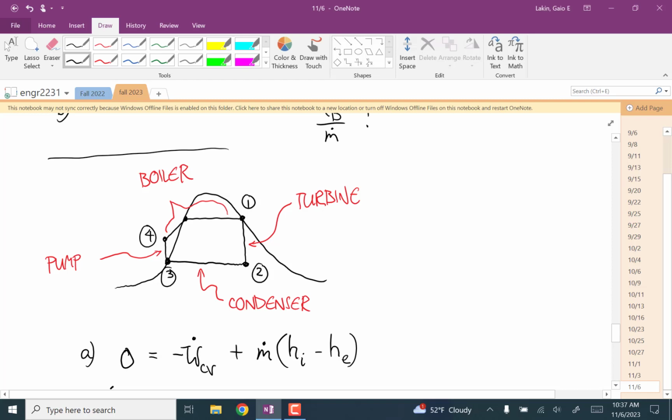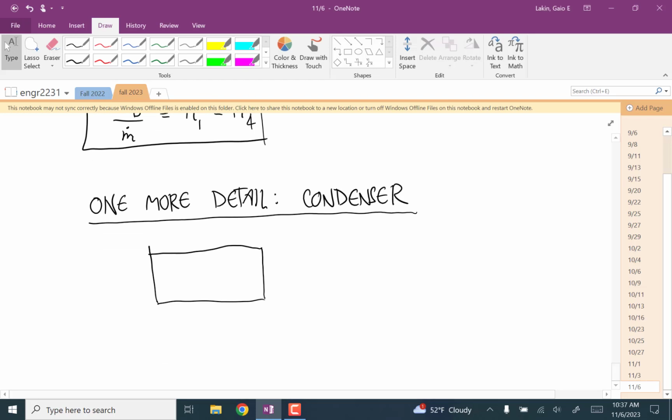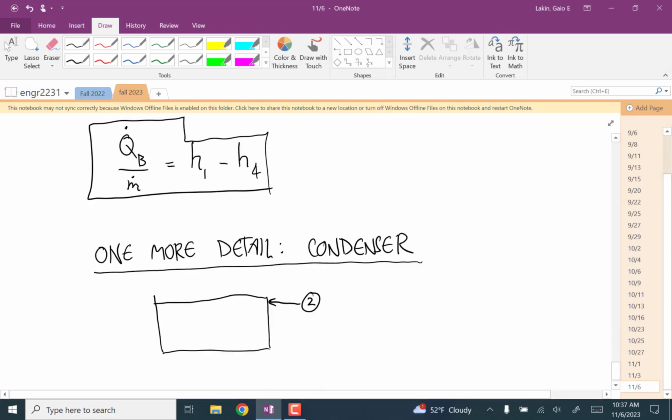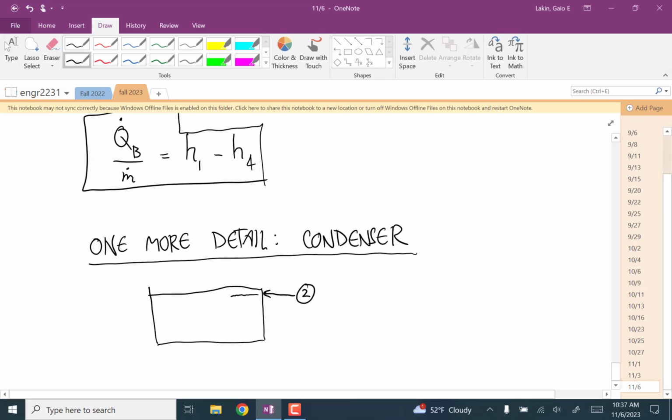So it's a vapor liquid mix, and it finishes the condenser as a saturated liquid. So this fluid comes in at state 2 and goes through here, it comes out at state 3. This is a saturated mix. This is a saturated liquid.